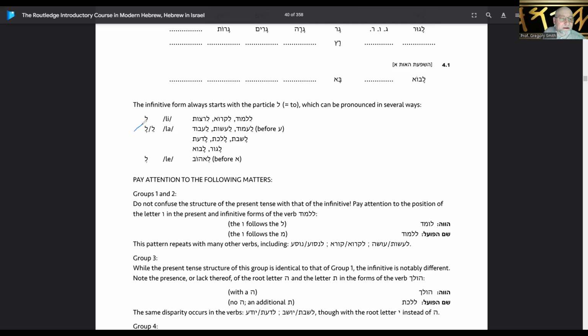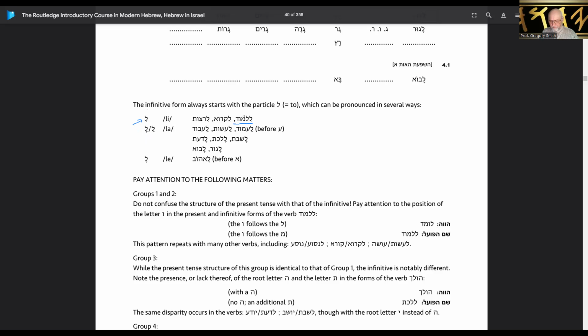So this would be li. That dot there represents a hirik, which is an E sound, li. And then you might have the patach or the kametz form, which would be la. So for example, lilmod. Actually, I'm skipping ahead of myself. Let's stick with the first one here, li.